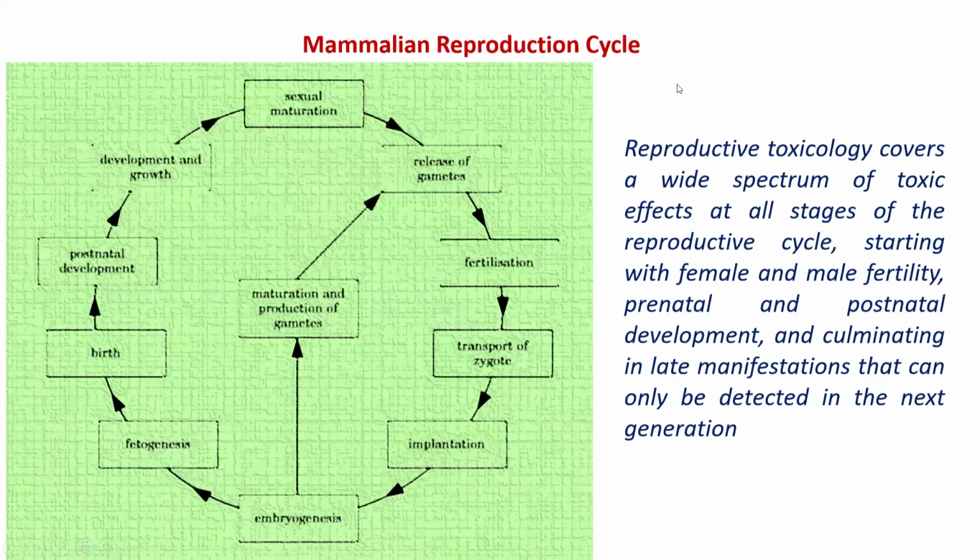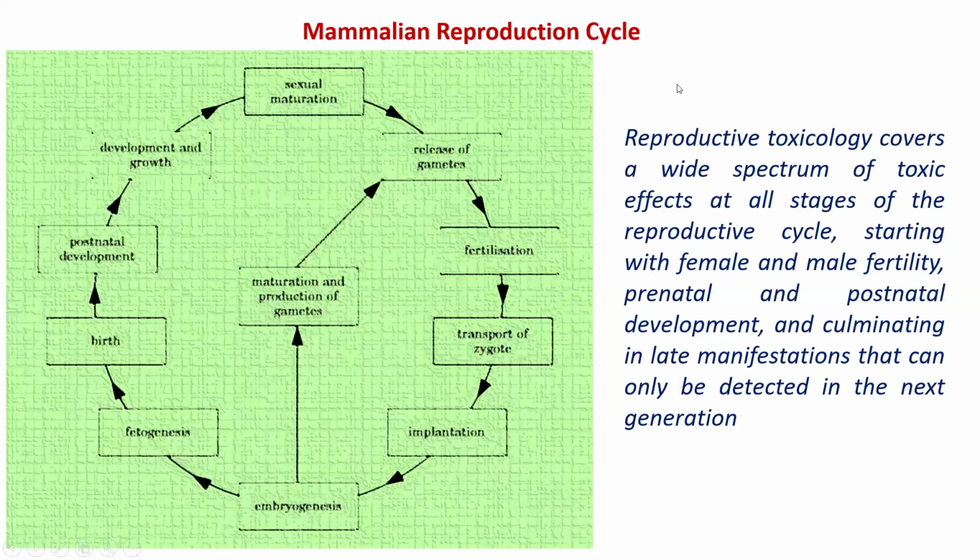Then, what is the mammalian reproductive cycle? This is the general picture of the mammalian reproductive cycle. It starts with sexual maturation, then the release of gametes, fertilization, transport of zygote, implantation, embryogenesis, fetogenesis, birth, then fetal development and growth, and again the cycle.